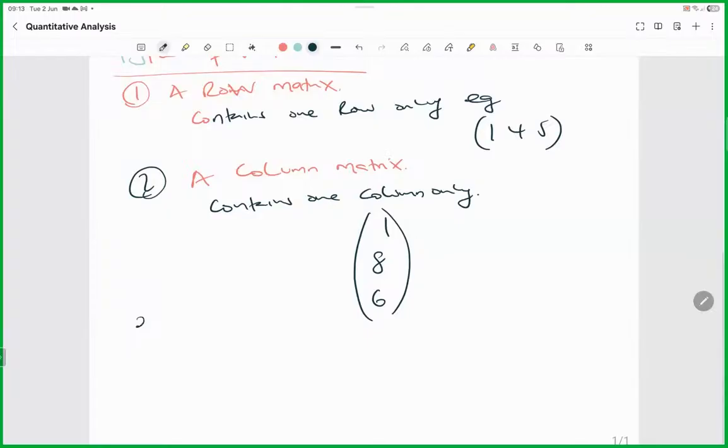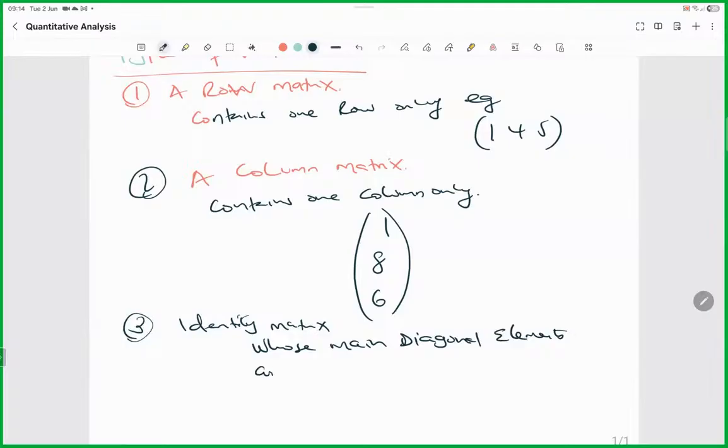Number 3, we have what we call the identity matrix. An identity matrix is a matrix whose main diagonal elements are 1, and the others are 0.